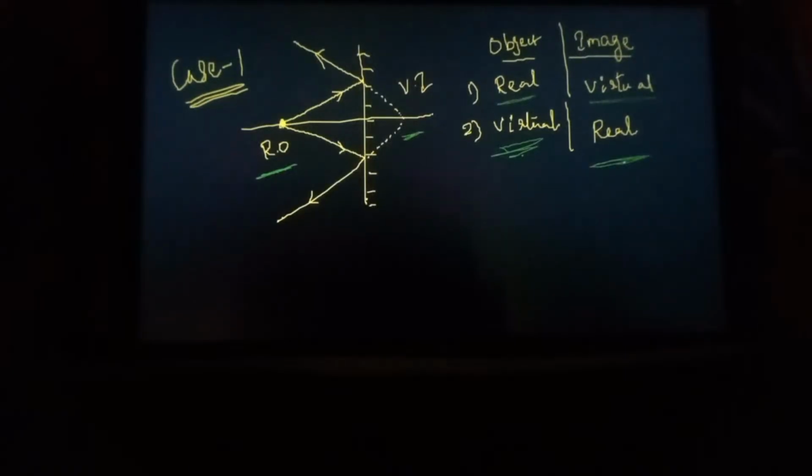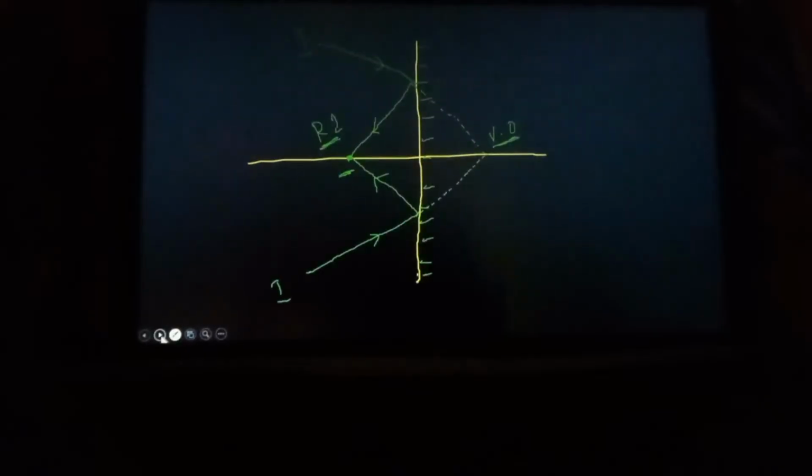Next one we will go with the plane mirror. So for the plane mirror, if I am considering the plane mirror like this, one side is the reflecting surface.